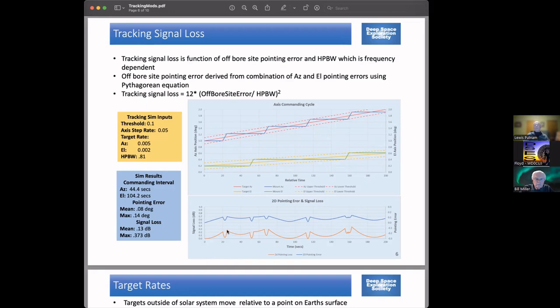And so that gives you this scalloping shape. And since we have two axes running where the target rates are different, we basically have two scallop shapes overlapped and combining. The short scallop shapes occur when the mount is stepping from one boundary to the other, and that gives you those short ones.